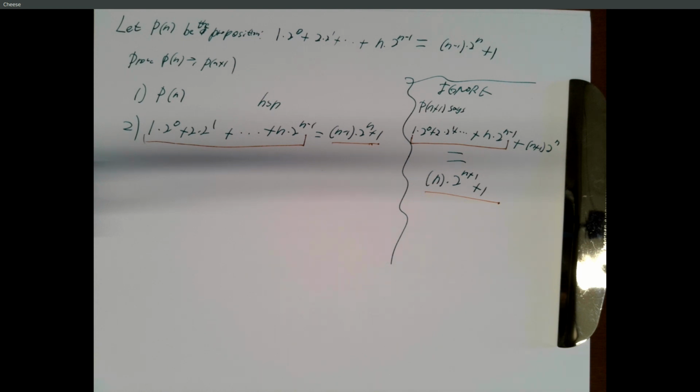Yeah, so now we need to prove it more mathematically. Is this right here? So we already have a base case. Oh, okay.